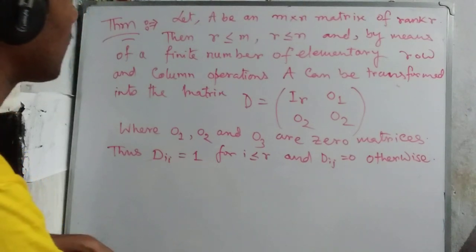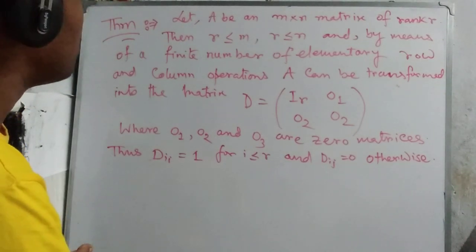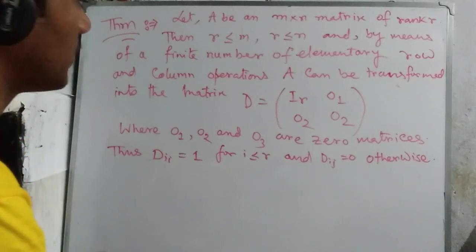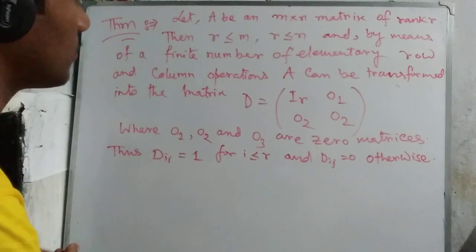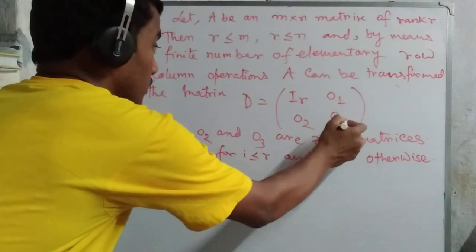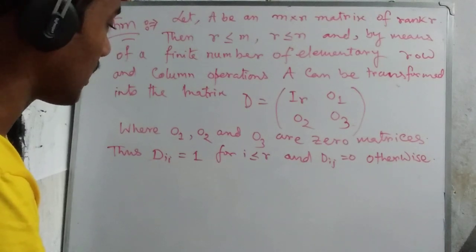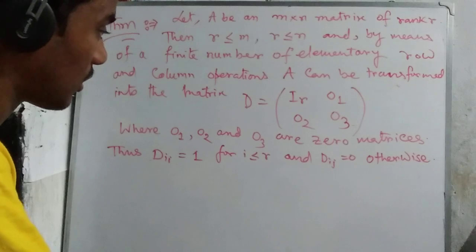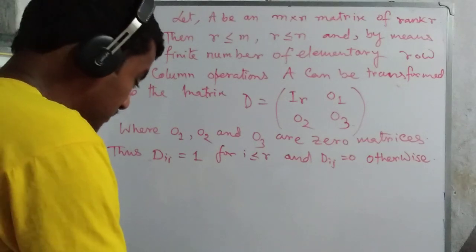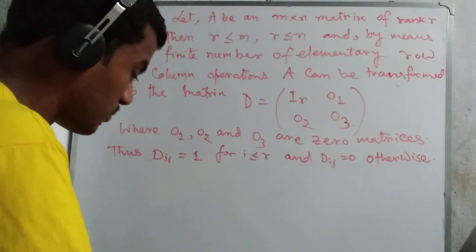Then obviously this rank is less than or equal to the number of rows and the number of columns, and by means of a finite number of elementary row and column operations, A can be transformed into the matrix D = [I_r, O_1; O_2, O_3], where O_1, O_2, O_3 are zero matrices, and D_ii equal to 1 for i less than or equal to r, and D_ij equal to 0 otherwise. We are going to prove that.